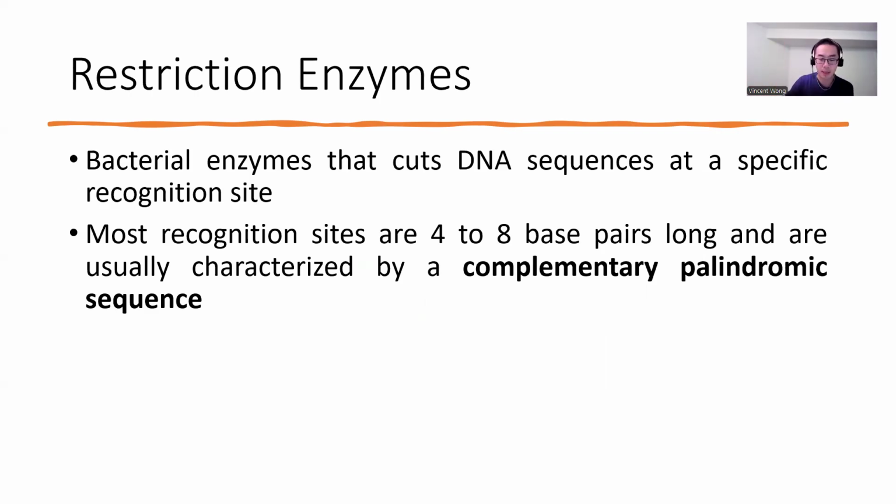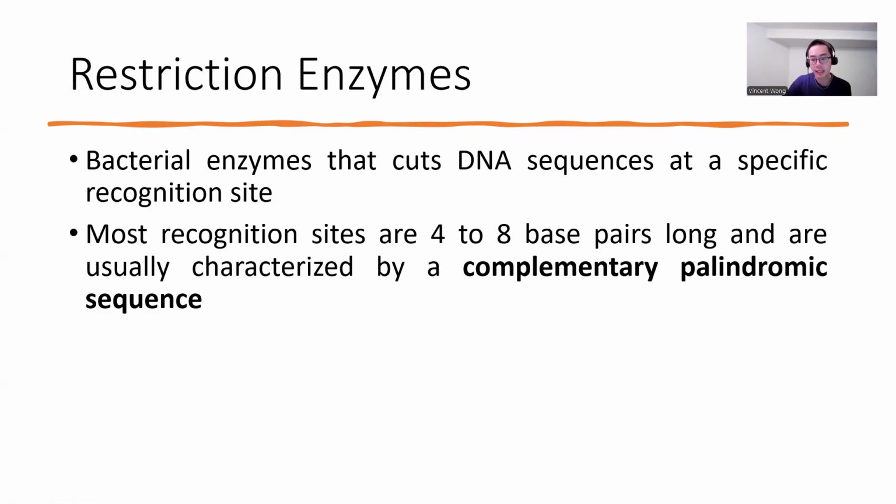We learned about bacteriophage before. It lands on the bacteria and injects the DNA into the bacteria. With restriction enzymes, the bacteria will be able to shred or cut the incoming DNA. So that prevents the virus from hijacking the bacteria. That's what restriction enzymes are.